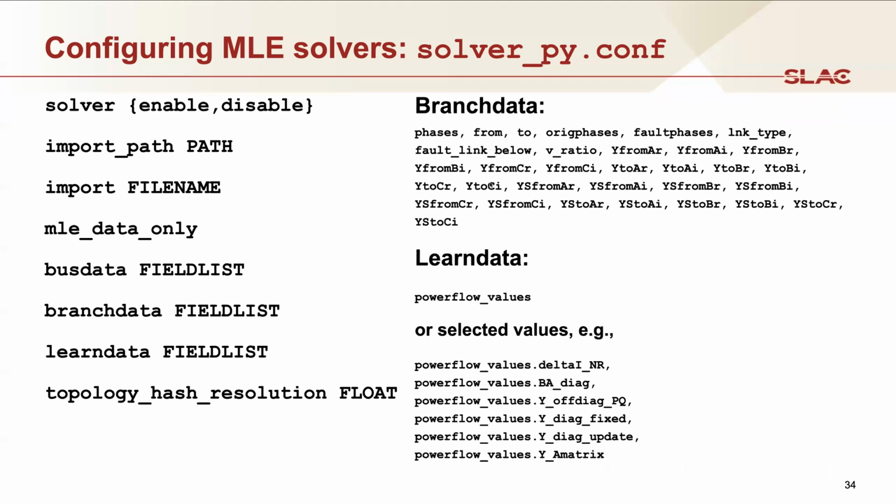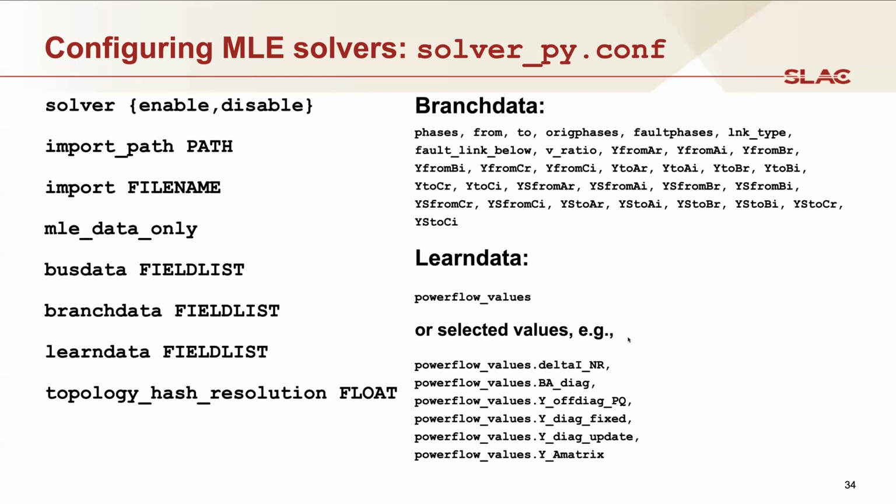Similarly, branch data, there's not as much branch data, but this is all the data that's handed to the Newton-Raphson solver when it needs to solve a network. And then the learn data is everything that you would pass to the learning module in addition to the bus and branch information. And so this is basically everything that comes back from the Newton-Raphson solver that might be of some use in learning.